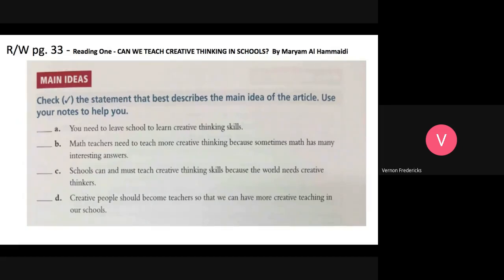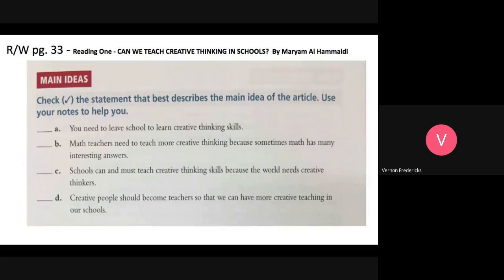Okay, maybe. Number C, schools can and must teach creative thinking skills because the world needs creative thinkers. Okay, number C, maybe. Number D, creative people should become teachers so that we can have more creative teaching in our schools. That's not what the paragraph is saying, yeah? So it's maybe B or it's maybe C.